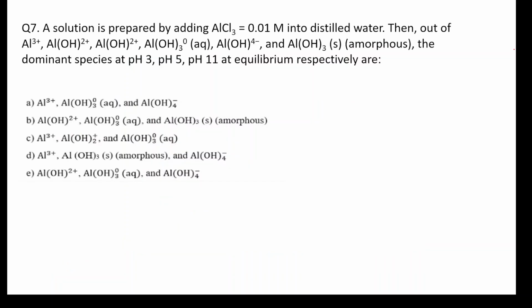Coming to next question. A solution is prepared by adding AlCl3 into distilled water. Then out of these given species, the dominant at pH 3, 5 and 11. So we have checked a similar question earlier. So a few species are given.